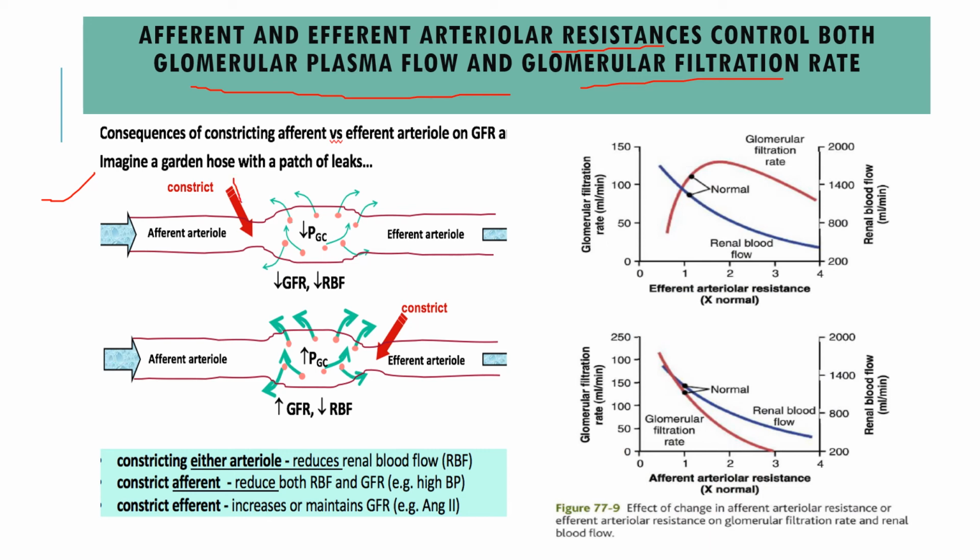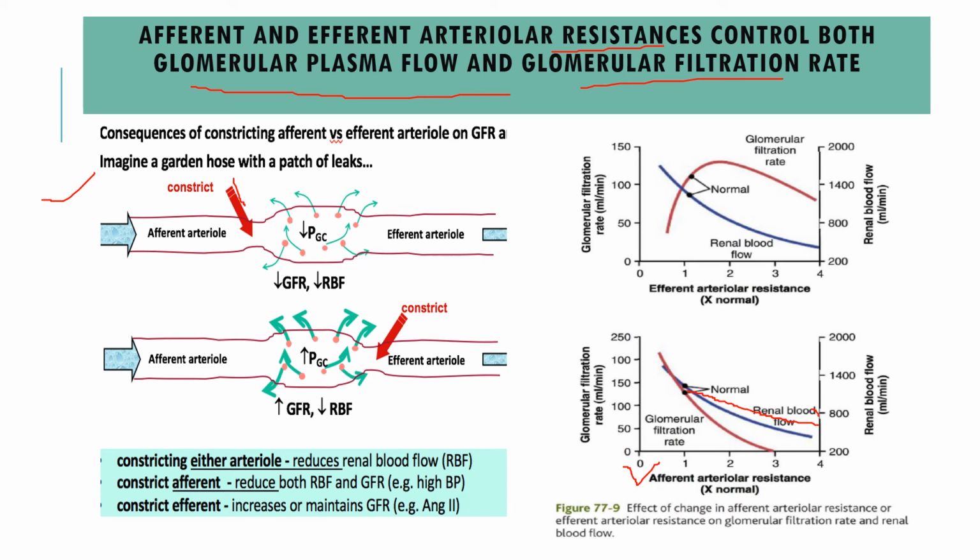Suppose this afferent arteriole is constricted, so there will be an increase in the afferent arteriolar resistance. As expected with any arteriolar constriction, the renal plasma flow will be decreased. We can see here, this blue one is our renal blood flow. It has been decreased with increasing afferent arteriolar resistance.